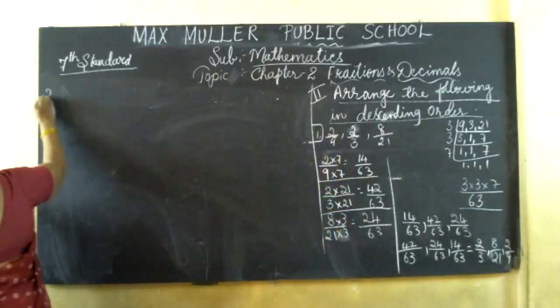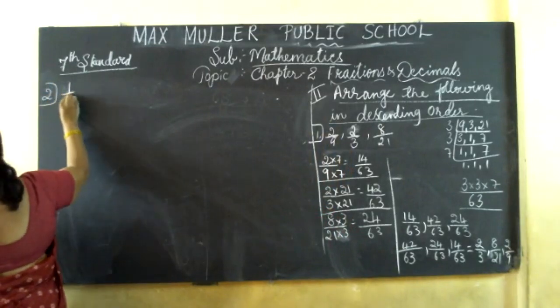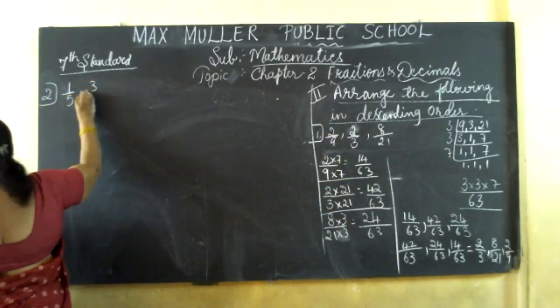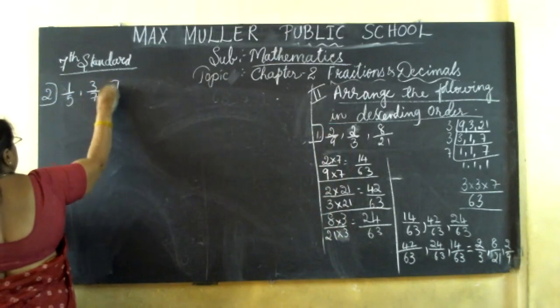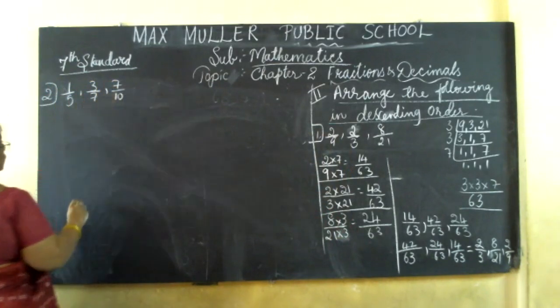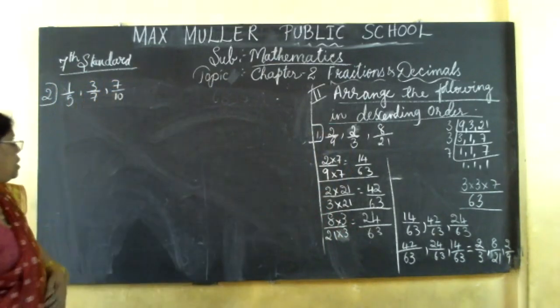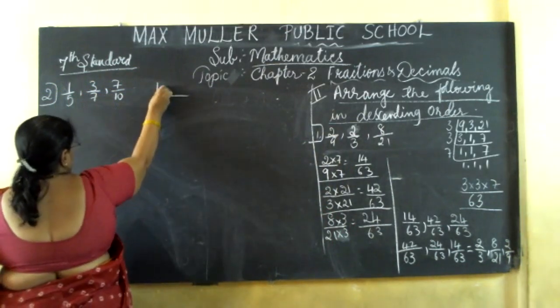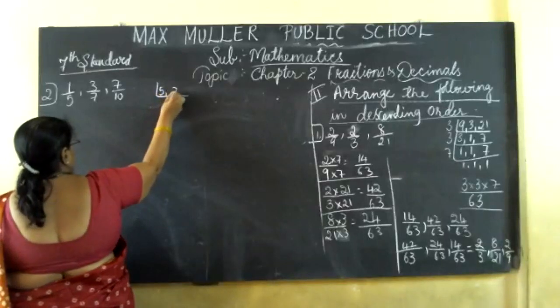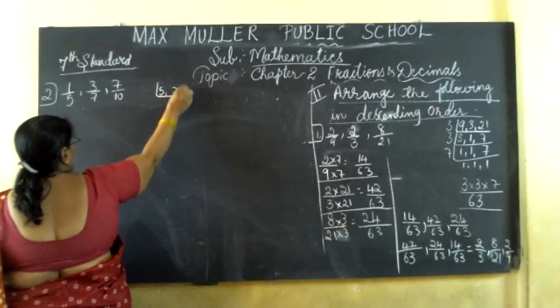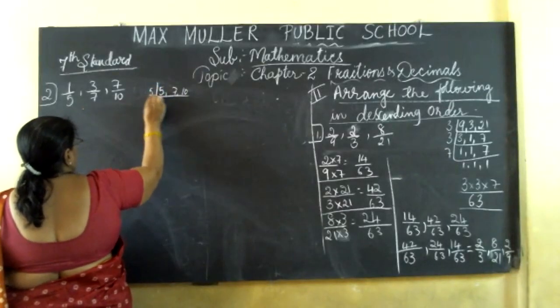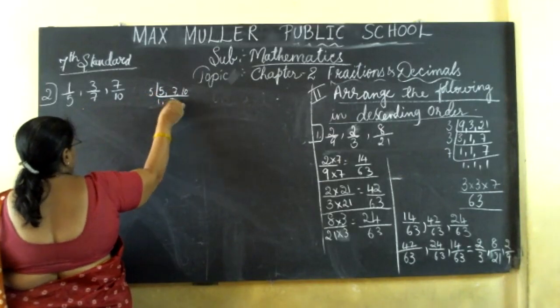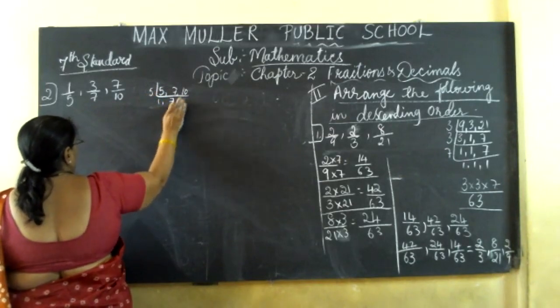Actually, you only should do. I am doing now. Try this. 1 by 5, 3 by 7, 7 by 10. First, let's take what? First step is LCM. 5, 7 and 10. 5 ones are, 7 will not be there, so 5 twos are.